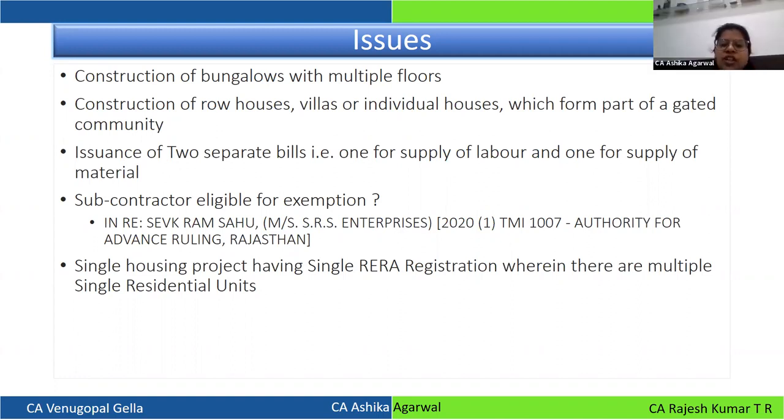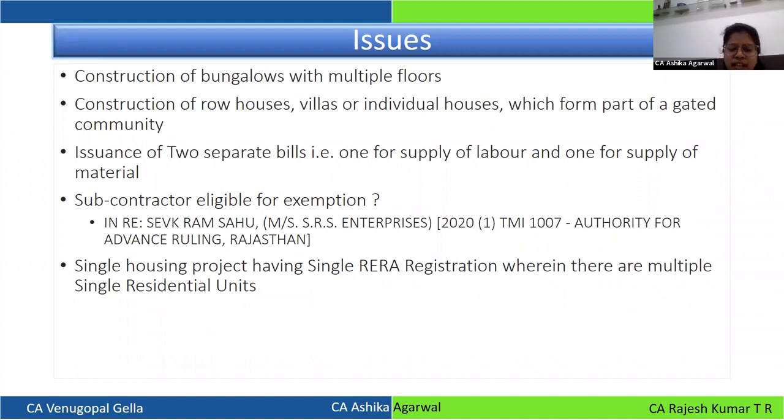Okay. Now, construction of row houses, villas or individual houses which form part of a gated community. Now, this is also very common. Our point of view sometimes is that we are constructing a single residential unit in one plot.